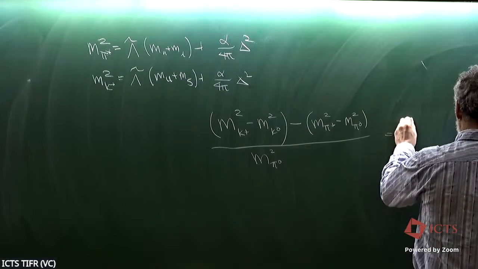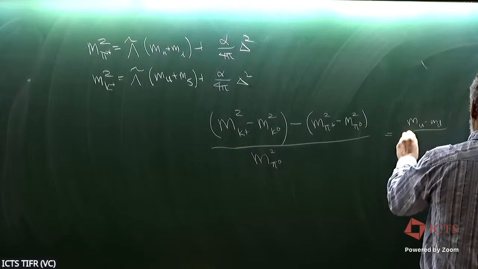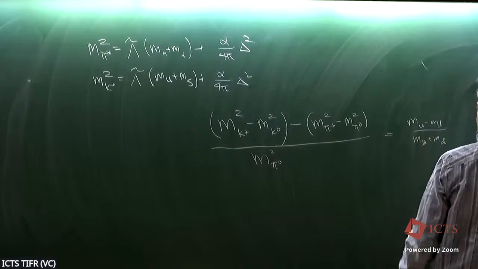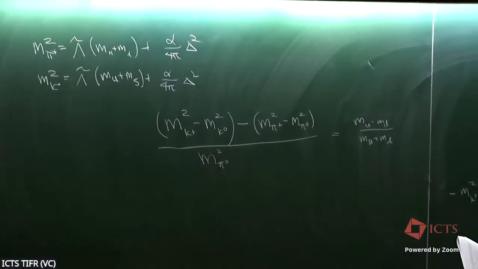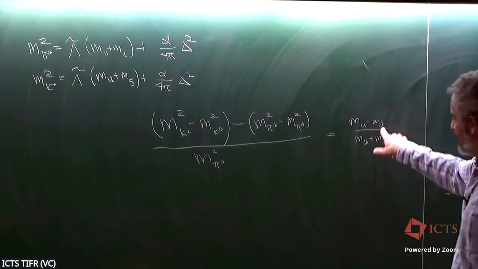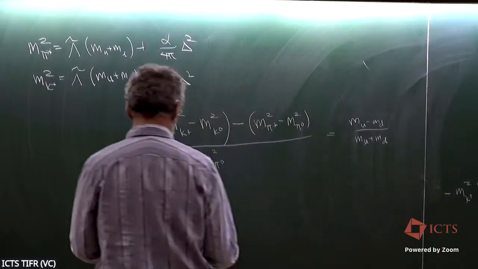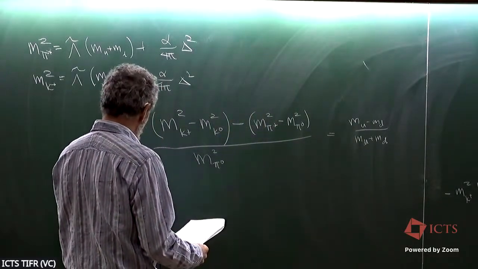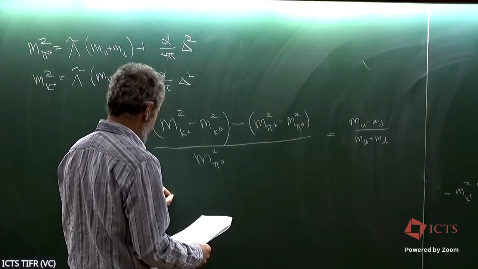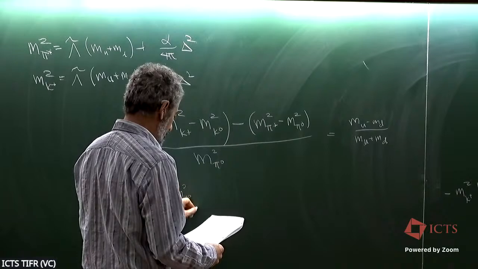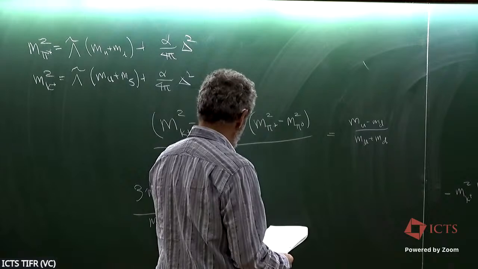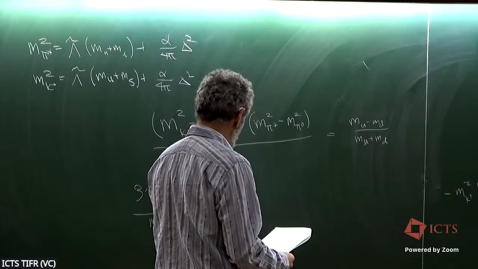And this is equal to mu minus md over mu plus md. We're including isospin violation now, and I'm not assuming mu minus md is small. And the combination 3 m eta squared minus m pi 0 squared over m pi 0 squared was equal to 4 ms over mu plus md.